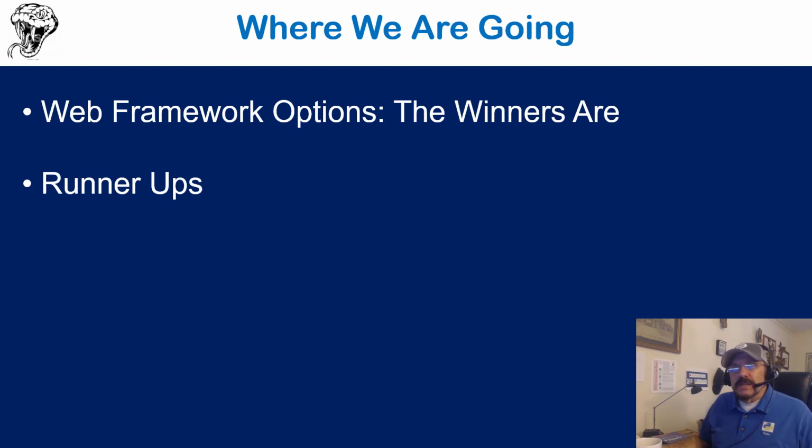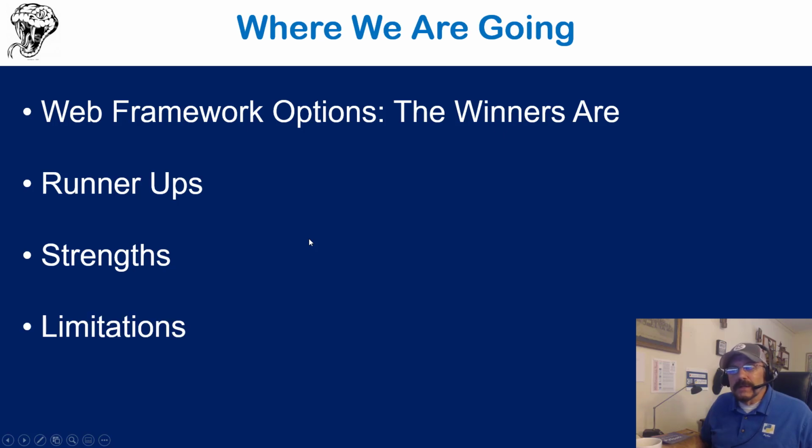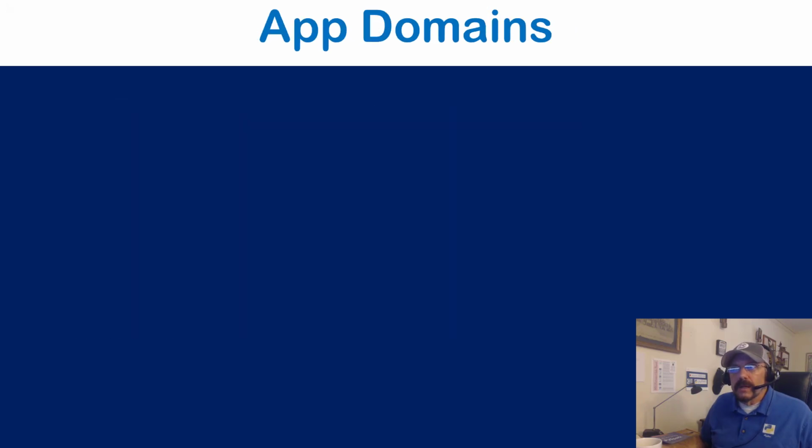In this particular case, the runner-ups are not necessarily worse, they're just different. And in my particular way of evaluating, I put them a little further down, but I want you to consider them. But the two I will talk about the most are the most popular and give us a really good starting point. I'll also talk about the strengths of using Python as a web and mobile app development language, and I'll talk about the limitations or weaknesses.